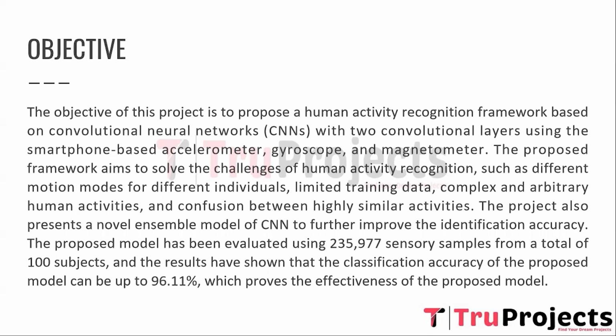These challenges include variations in motion mode among individuals, limited training data availability, complex and diverse human activities, and potential confusion between highly similar activities. Additionally, the project proposes a novel ensemble model of CNN to further enhance the accuracy of activity identification.